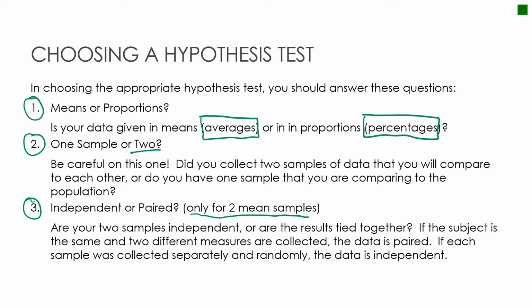In the example of heights of men and heights of women, if I randomly selected a bunch of men and randomly selected a bunch of women, then those two sets of data are independent of one another. If I gave a pre-test, post-test situation, that's the same student taking a test, so it's the same overall ability within that student, and I'm just calculating the difference in that student. So obviously that data is paired because those results are tied together. That's the last question that we'll ask ourselves.